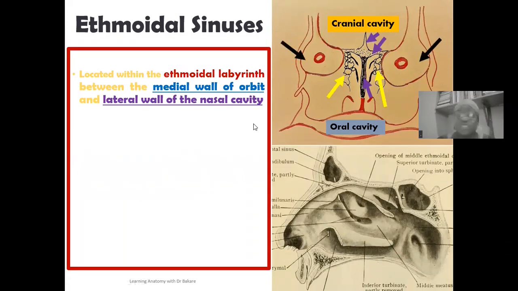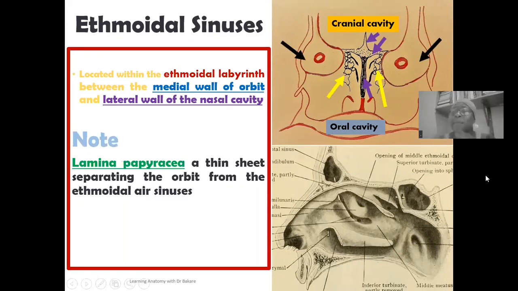There is a structure that is referred to as the lamina papyracea. This structure is very important because it acts like a barrier between the ethmoidal sinuses and the content of the orbit. This is where we have the orbit here, and this is where we have the ethmoidal sinuses. So you see this lamina papyracea highlighted here in green, acting like a barricade or a barrier between the orbit and the ethmoidal sinuses.